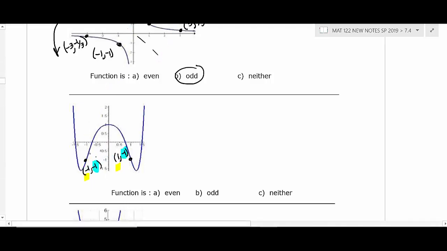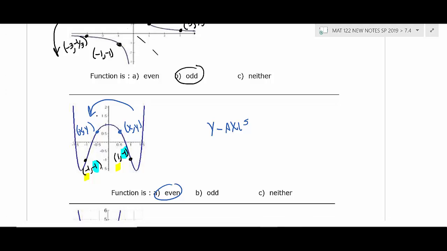And every point on this graph would be that way. Like this point here and this point here are going to have opposite x values, but they're going to have the same y value. So that is what an even function is. And then this one is symmetric about the y-axis, which just means if you folded this graph over the y-axis, they would match perfectly.